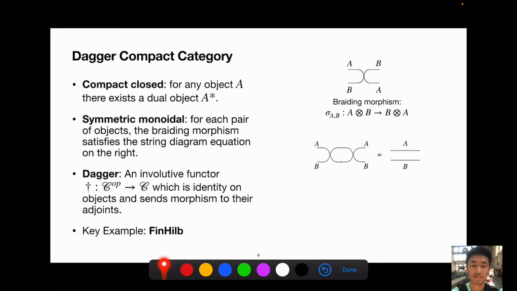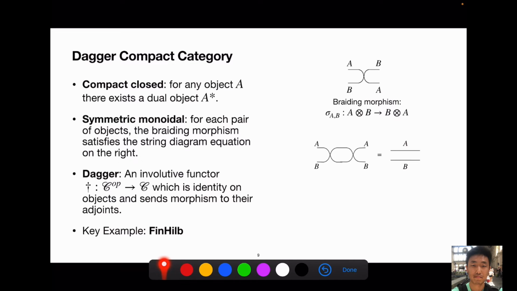It just swaps the order of the tensor product or monoidal product. To be symmetric monoidal, it means that braiding twice gets you back the original input. So braiding twice is unbraiding.